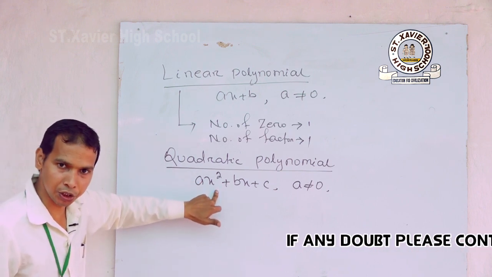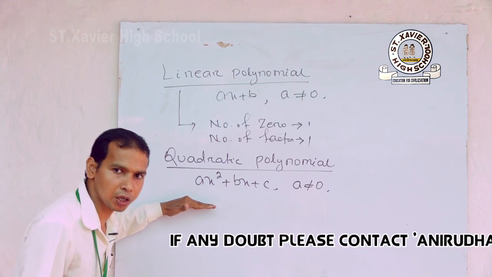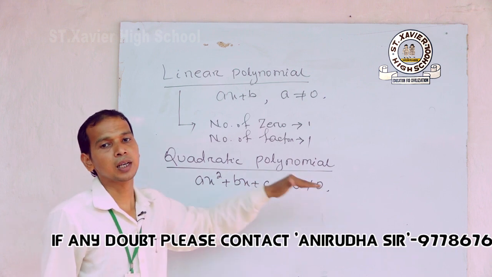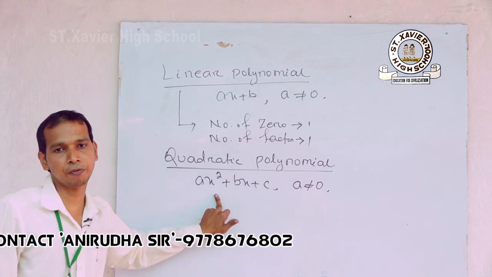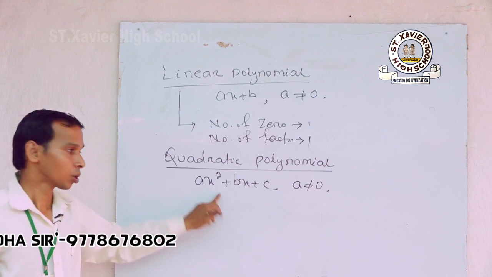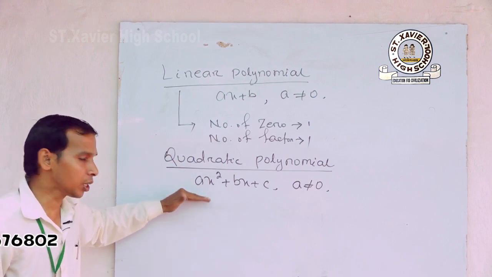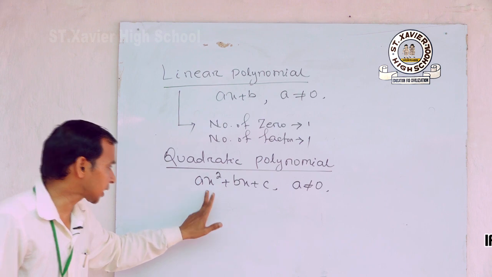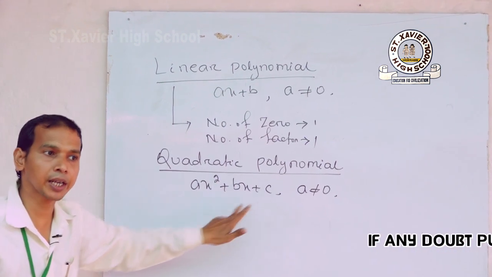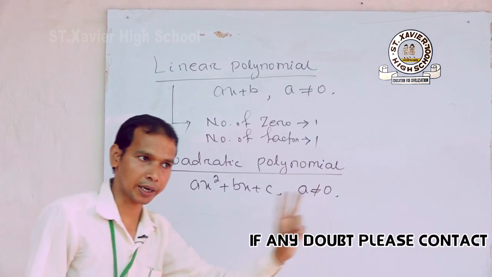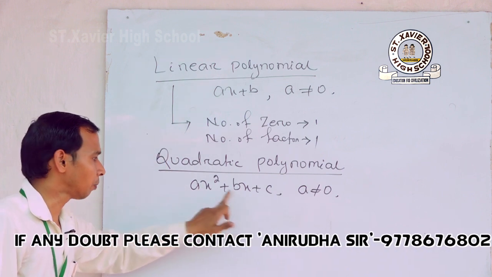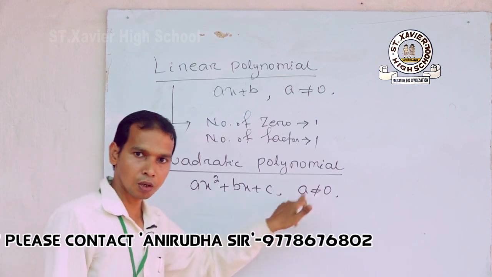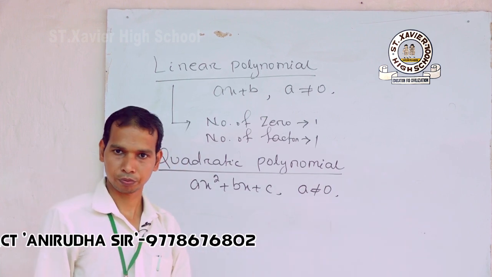If a becomes 0, this quadratic polynomial reduces to a linear polynomial. So that's why a can never be 0. Understand this? Quadratic polynomial: the maximum power of the variable is 2, and the standard form is ax square plus bx plus c, where a not equal to 0.